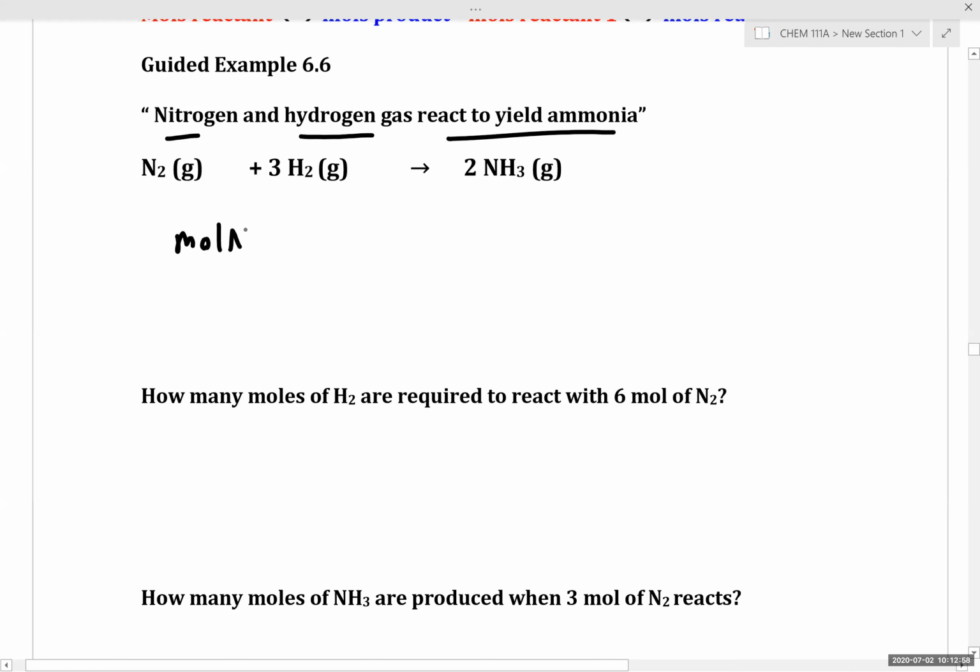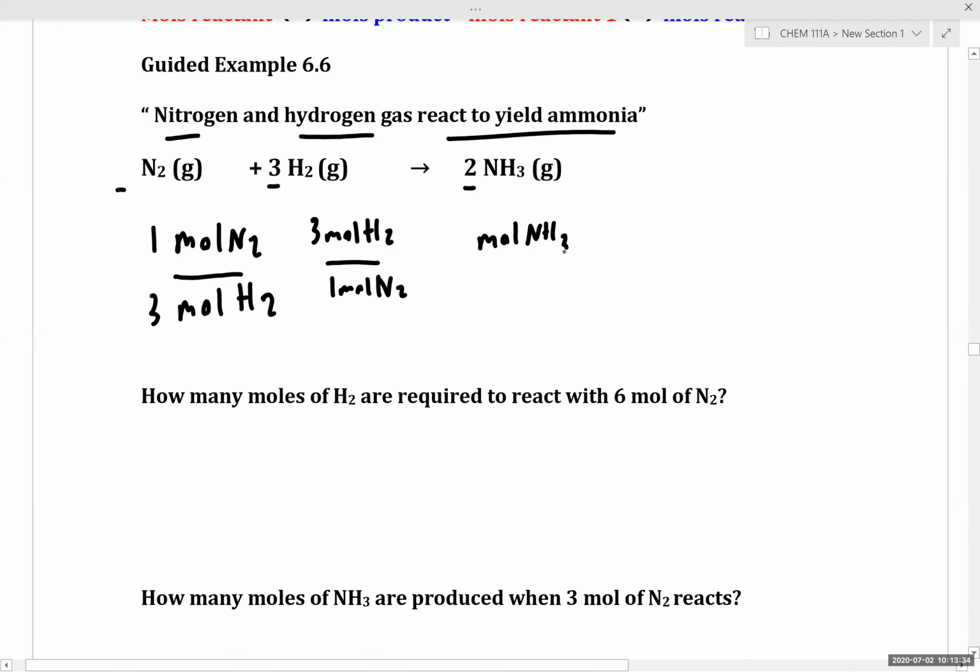So how many moles of nitrogen do we have for every mole of hydrogen? What is our ratio of nitrogen to hydrogen in this chemical equation? 1 to 3, yep. We can also write this as 3 moles of hydrogen for every 1 mole of nitrogen. These ratios can be flipped. Okay, let's look at the ratio of moles of ammonia per mole of hydrogen.